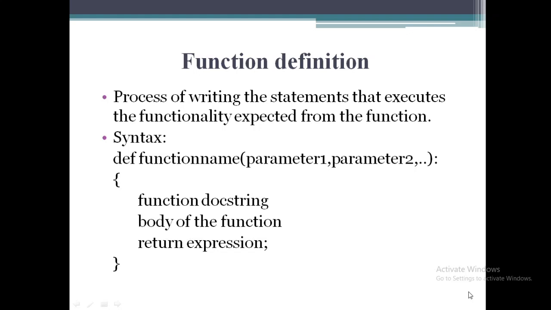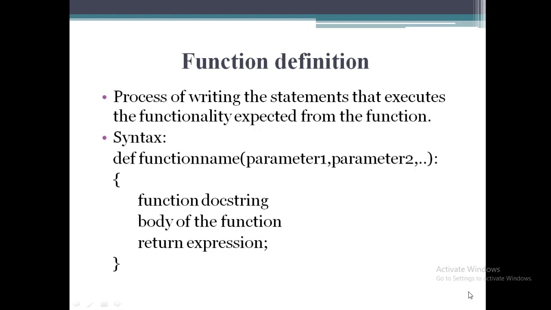The definition of the function has a header, the first line: def function name, then within a set of parentheses a set of parameters, and it ends with a colon symbol. What is the purpose of that colon symbol? It says that a block is started. Then within that function, three important components are there.